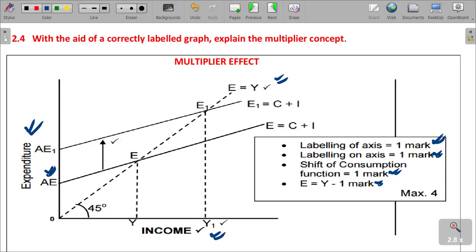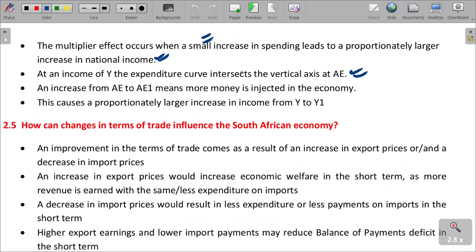An increase from AE to AE1 means more income is injected into the economy. This causes a proportionately large increase in income from Y to Y1.